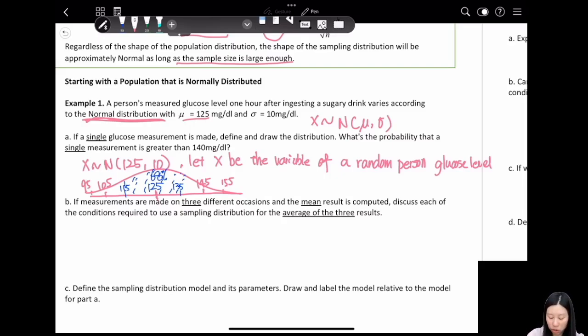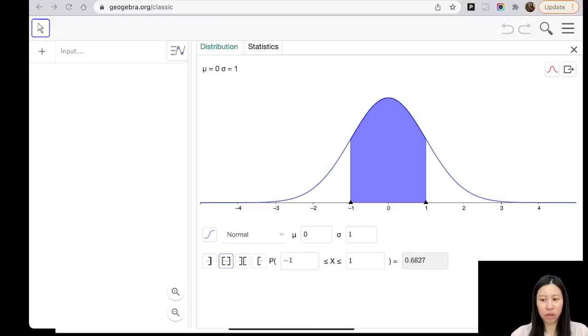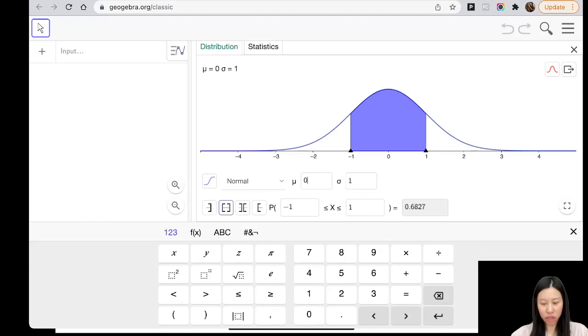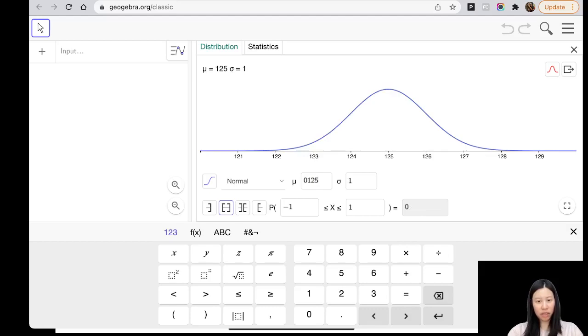So now we're trying to figure out, what's the probability that the glucose measurement of that person is greater than 140? Then we use our GeoGebra. So in GeoGebra, our mu is 125, and the sigma is 10.